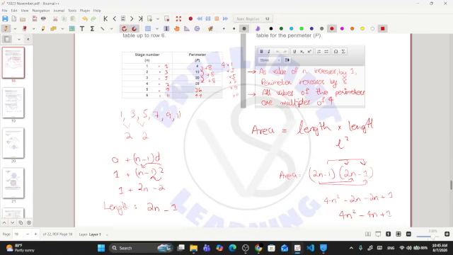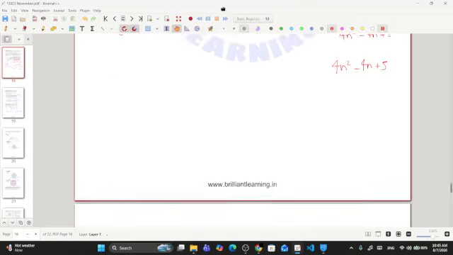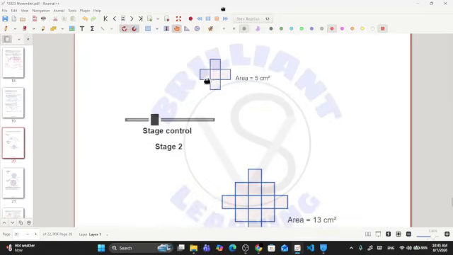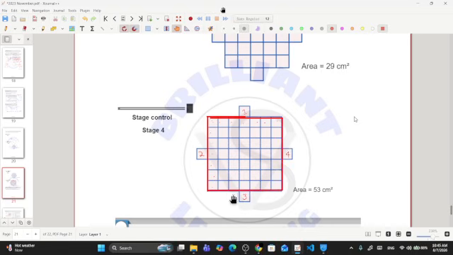But here comes the question. Our equation for the area was 4n squared minus 4n plus 5. How did we get 5 instead of 1? This is the question that you have. So think about it this way. When we move down to the last few parts, have a look. Don't we have 4 additional squares at the end of the entire shape?